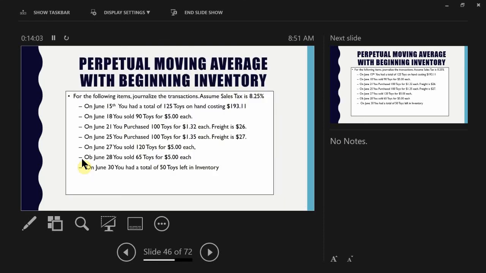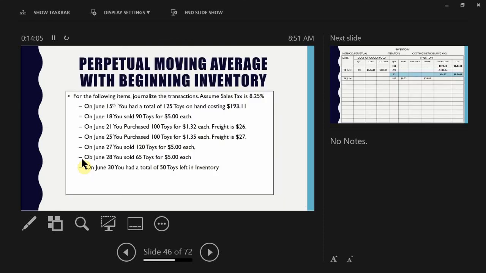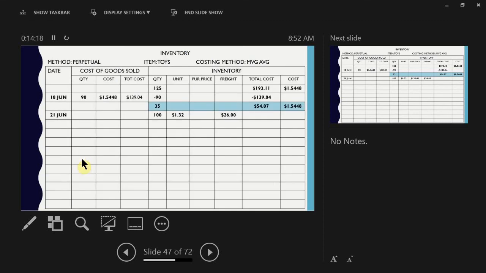Okay. So then now on June 21st, we purchase another 100 toys at $1.32. Okay, and the freight cost was $26. So here I'm going to add my new batch in there.